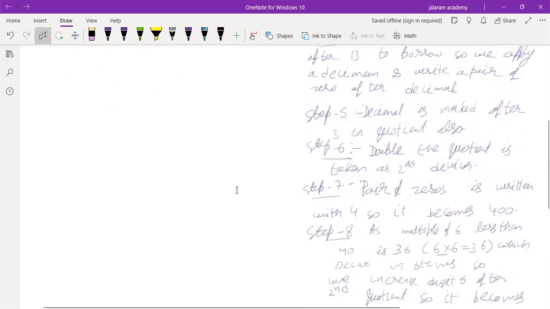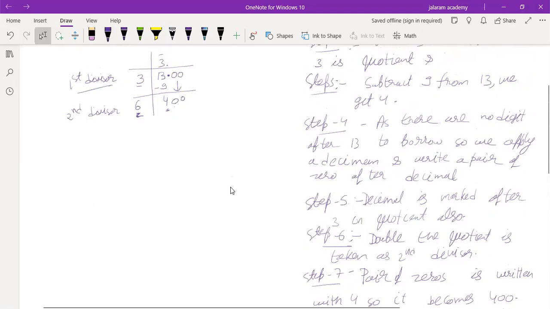So we have to check whether it is less than 400. So 396 is less than 400. So we write 6 after the second divisor, it becomes 66. 66 sixes are 396. Subtract again. 4 is there.